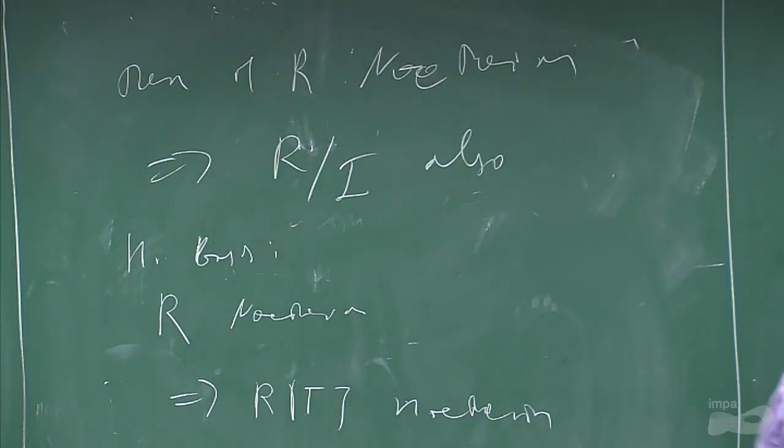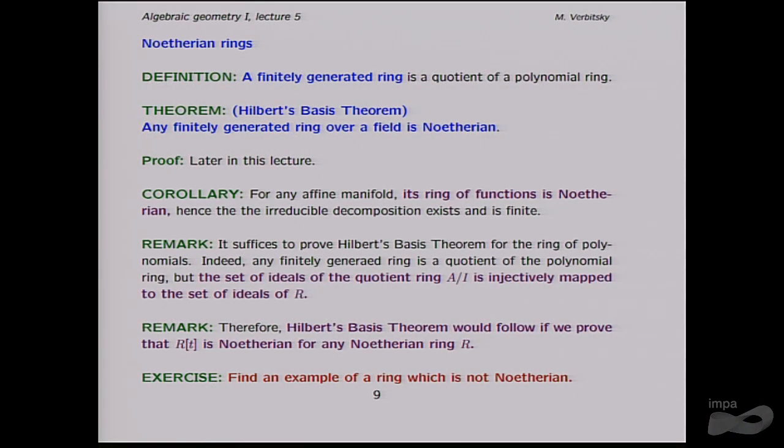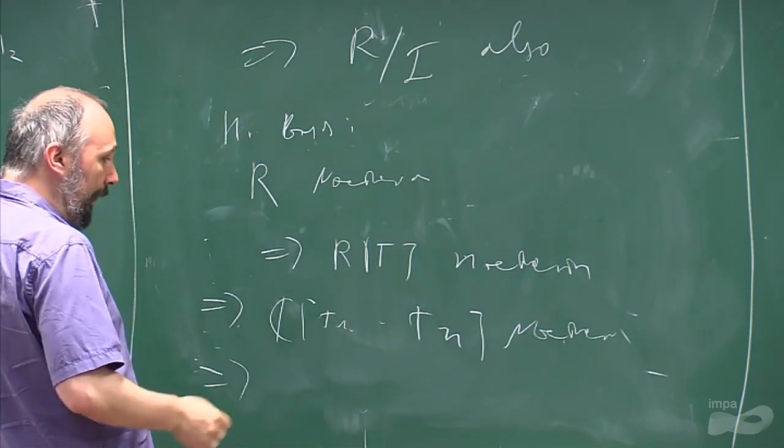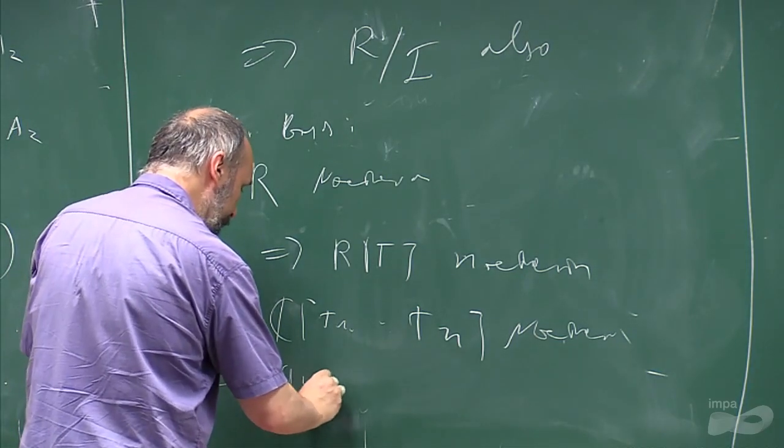You add one variable, two variables, three variables, and at each step you use this, and this implies that C[T1, ..., Tn] is Noetherian, and then this implies that a quotient also.